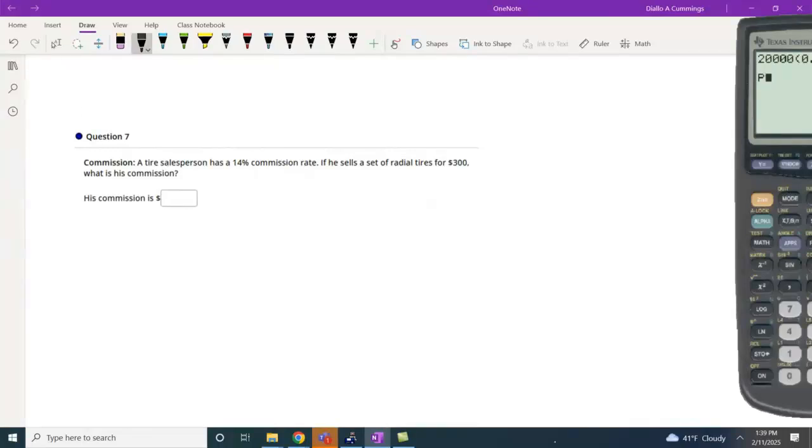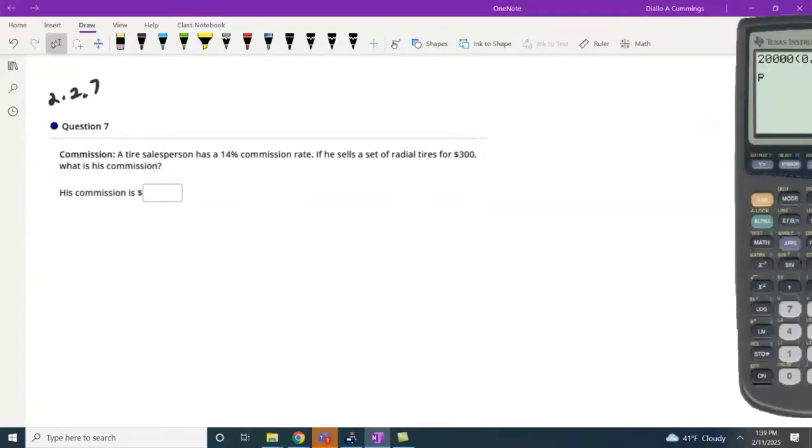So the next is question number 7. So again, this is 2.2, problem number 7. And it deals with the commission application. It says a tire salesperson has a 14% commission rate. If he sells a set of radial tires for $300, what is his commission? So I'm just going to write out that formula.